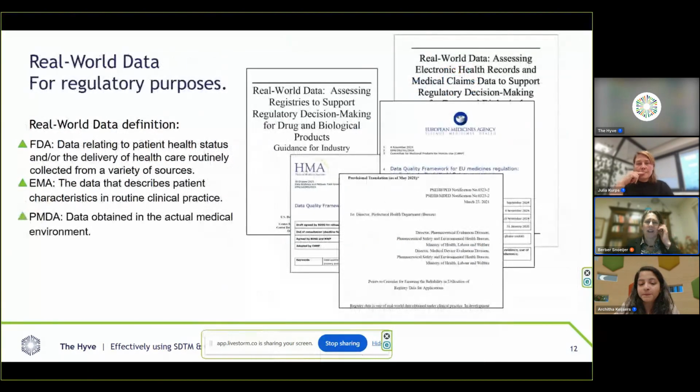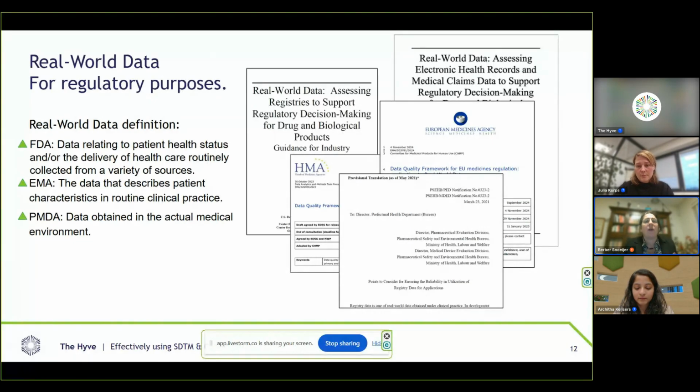So there are a lot of new guidelines from regulatory perspectives issued in the last few years. To start with, the definition is very important for real-world data. According to the FDA, it is data relating to patient health status and/or the delivery of healthcare routinely collected from a variety of sources. And that routinely is the most important part here, because it is not collected for the purpose of the trial.